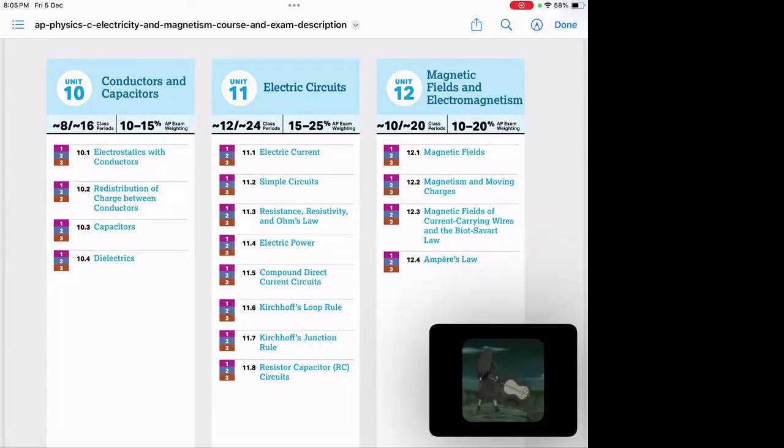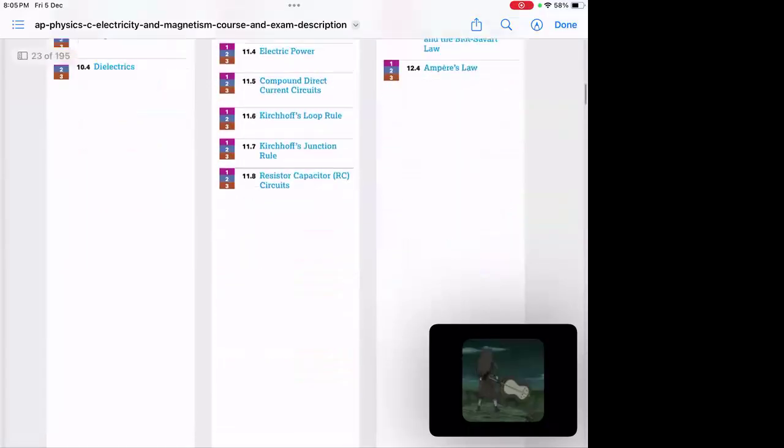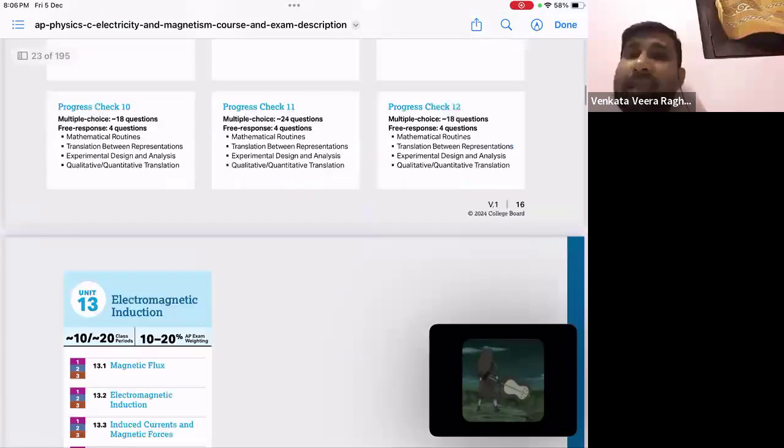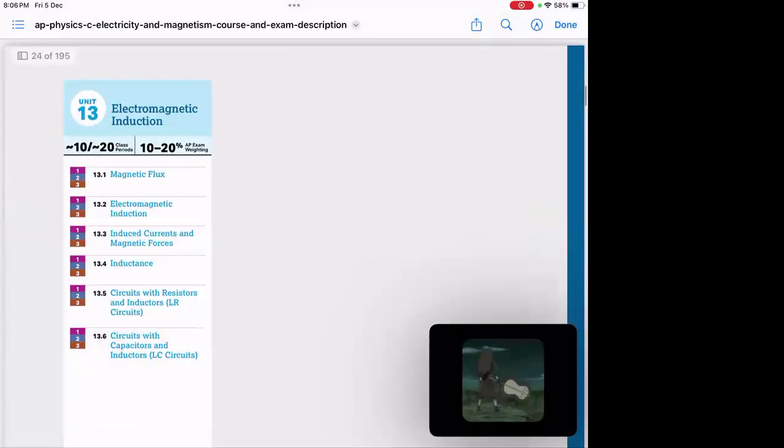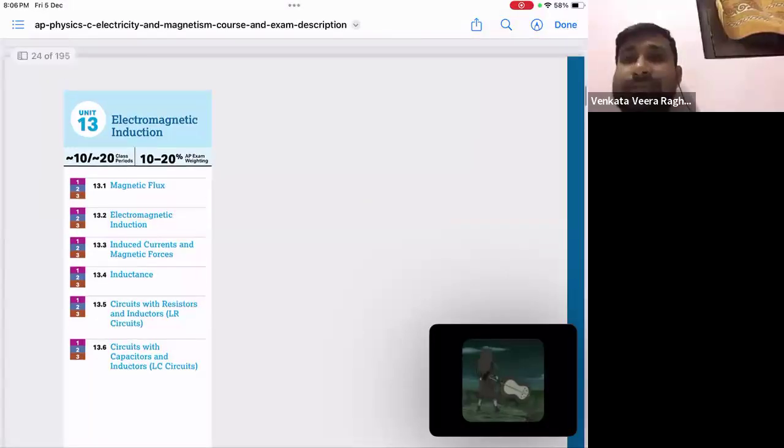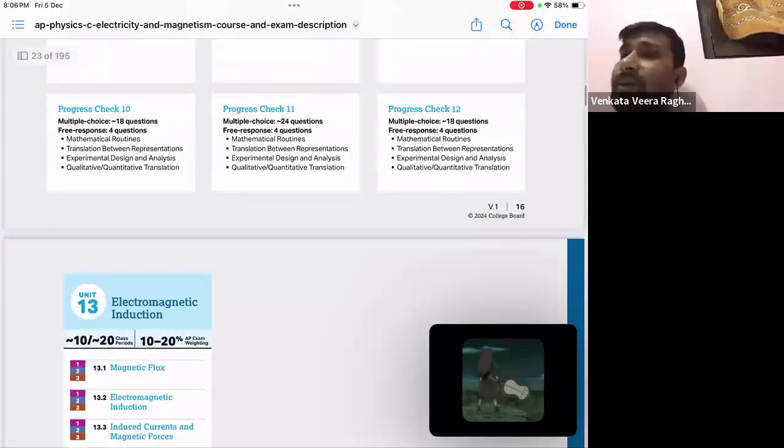Induced current will come in EMI, no? Magnetic flux, then electromagnetic induction, then motional EMF, then the alternating current circuit we have.